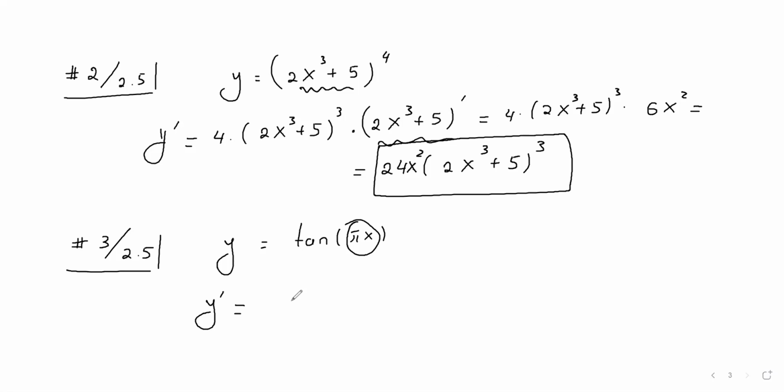So this is the same sort of thing, secant squared of pi x this time around. And then we're going to say times, because we didn't have x, we had pi x, well, this guy would have to be taken separately and primed. And this is the answer. So pi x prime is pi, and I'm going to put that in front. Pi times secant squared of pi x.